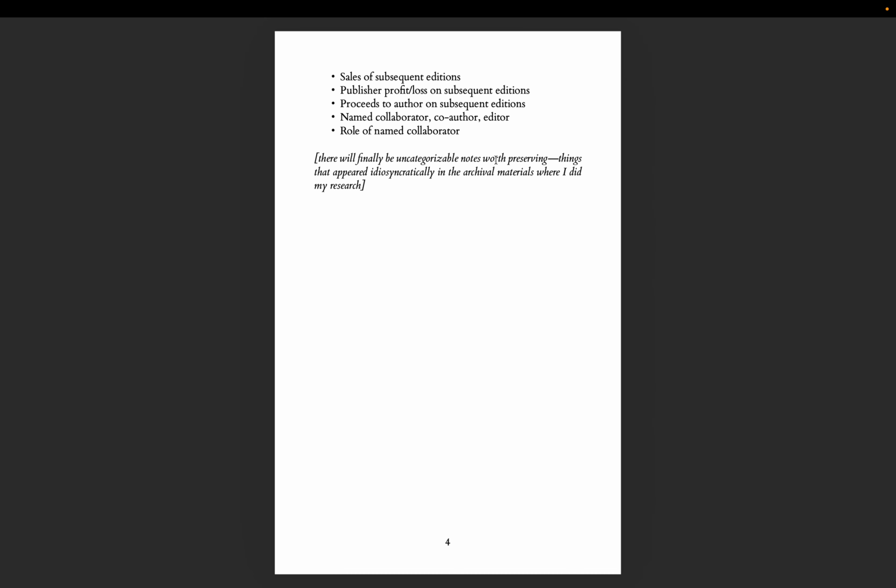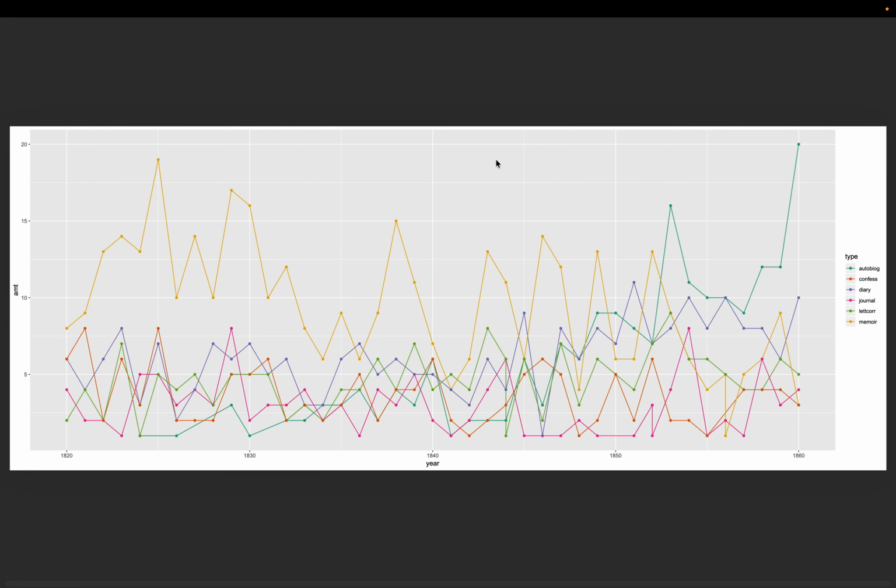Okay, so after we got this data dictionary, we began investigating the elements of it, and we did some visualizations. So for example, here's a visualization of the use of different words to describe the writing: autobiography, confession, diary, journal, letters and correspondence, and memoir.